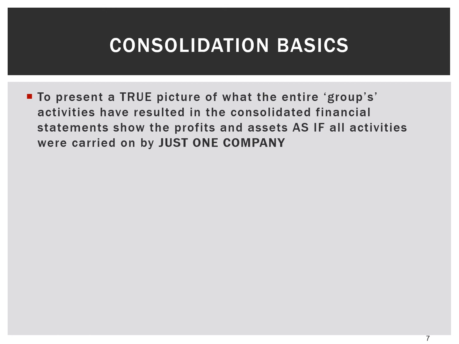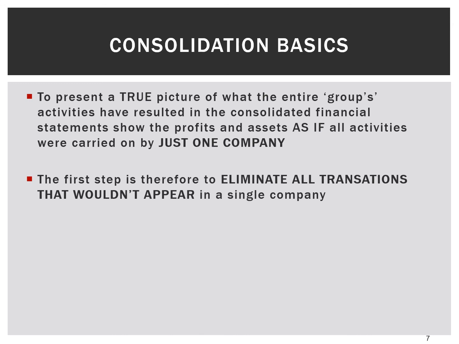And so all of those transactions that we looked at in the previous example, apart from the original purchase of goods from the outside supplier for £4,000, all of the other transactions would need to be eliminated. And that's the first thing we would need to do when we start to prepare the consolidated financial statements.